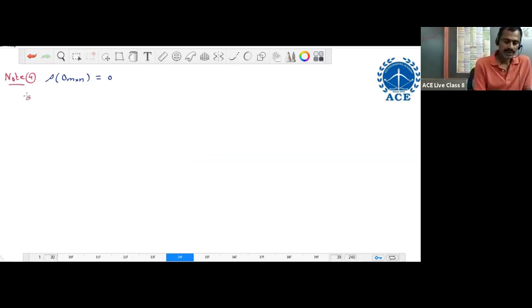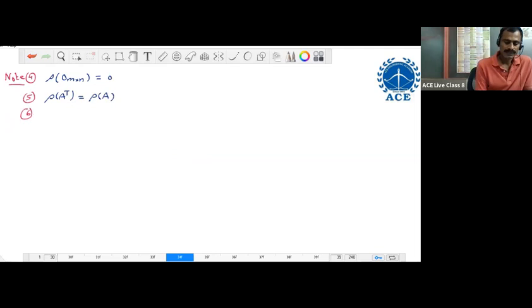Next, note point number 5. Rank of A transpose equals rank of A. That is, A and A transpose have the same rank.